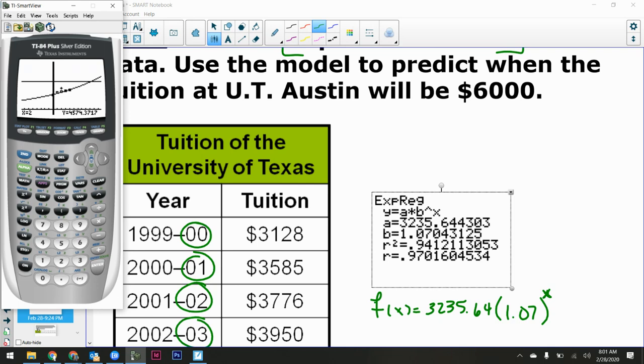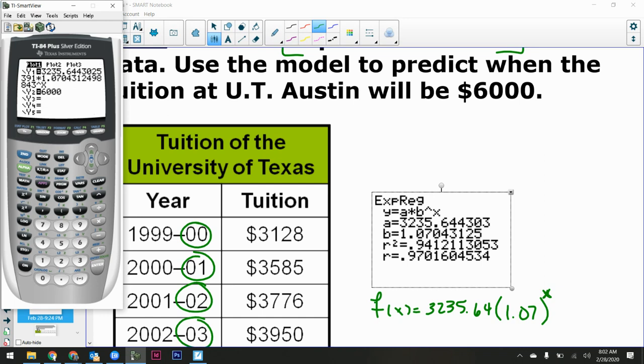So, I think I lost some of you, so I'm just going to go back. I think a lot of you got lost on what to do after you put in your 6,000. So we were here, we looked at that, we turned on our plot, we said zoom stat. We want to now put in our 6,000.